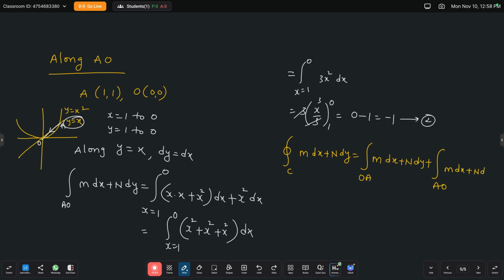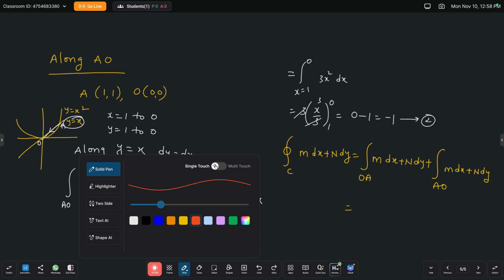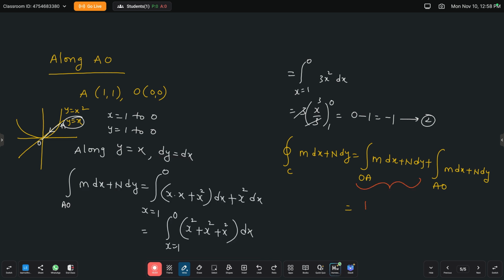From the first expression, we already solved this previously. This value is given by 19 by 20. Now we have completed that already. And this AO direction value is how much? Minus 1. Simply you can solve, minus 1 by 20.